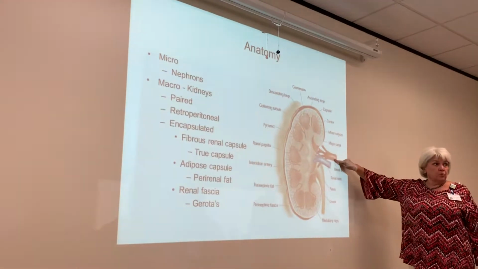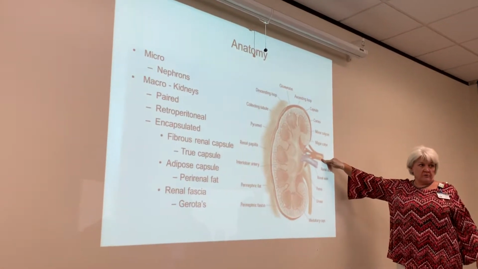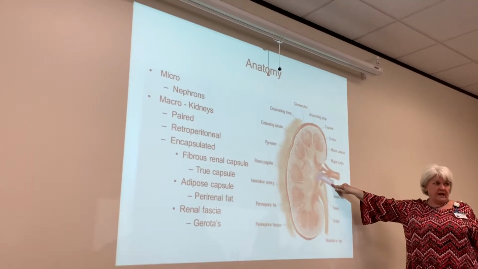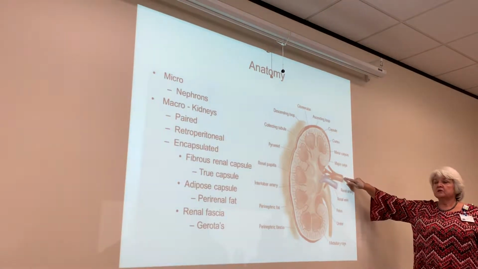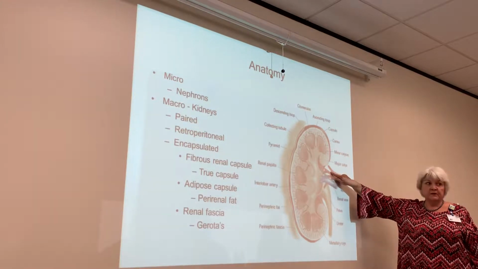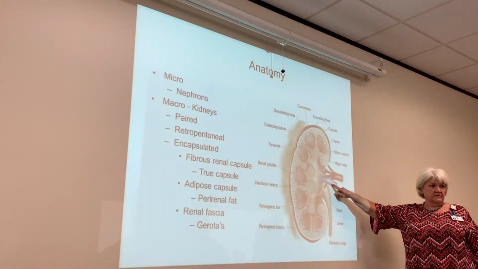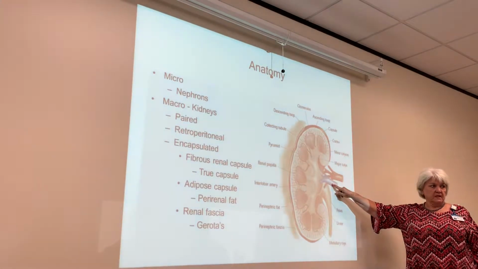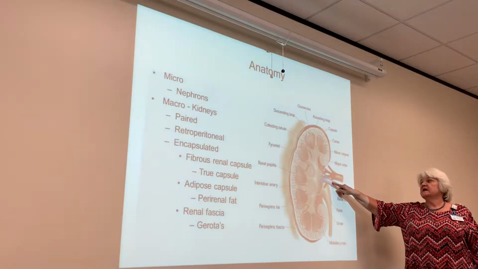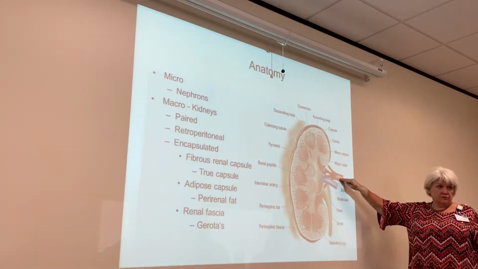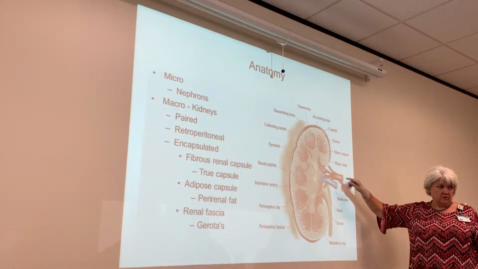So this is my right renal artery. This is my right renal vein. The renal artery is superior and posterior to the vein. The vein is anterior, inferior to the artery.